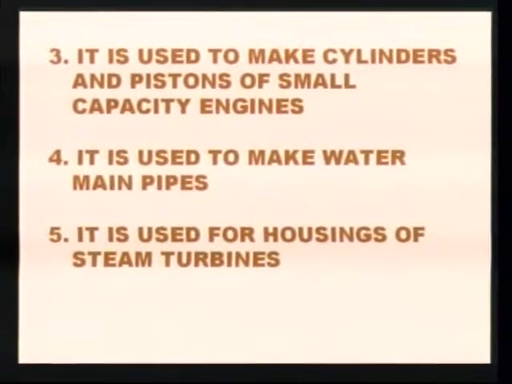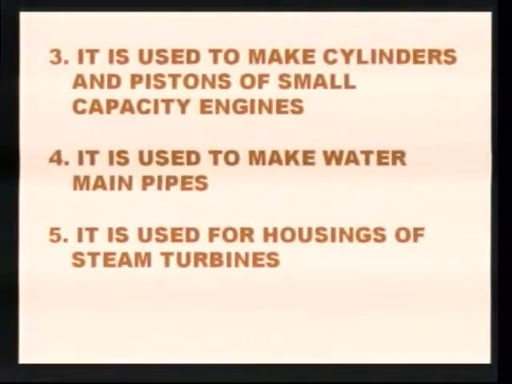The third application of grey cast iron is it is used to make cylinders and pistons of small capacity engines. Fourth, it is used to make water main pipes. And the fifth application is it is used for housings of steam turbines.